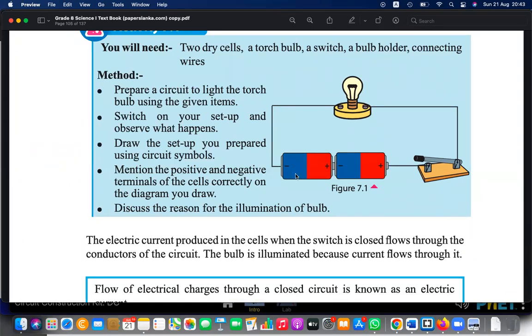When you turn on the switch, the circuit will be completed. It's like, let's say there is a tap line and there is a tank. This tank is filled with water. Then this tank is connected to a pipeline like this.